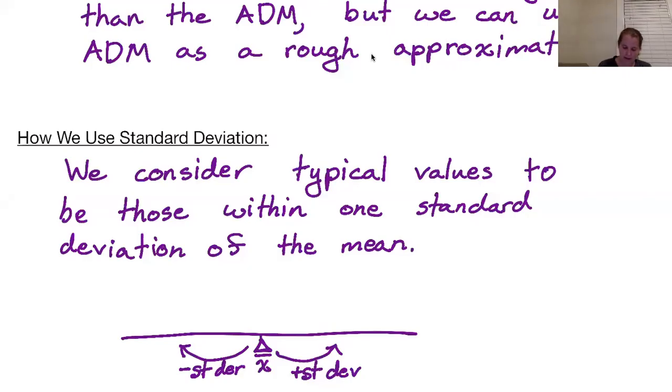So if we draw dashed lines at those points, then anything in between is considered to be our typical, and things on the outside are not as typical.